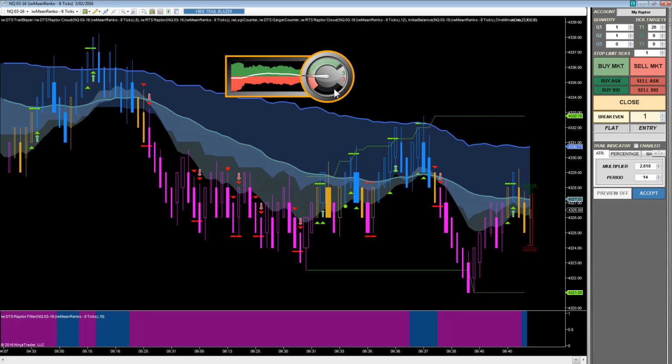What we do here is a lot of times if I'm looking at taking a signal, I'll monitor the dial. If the dial pulls hard one way and holds and holds and holds, then that tells me that the buyers or the sellers are really chewing through the orders.